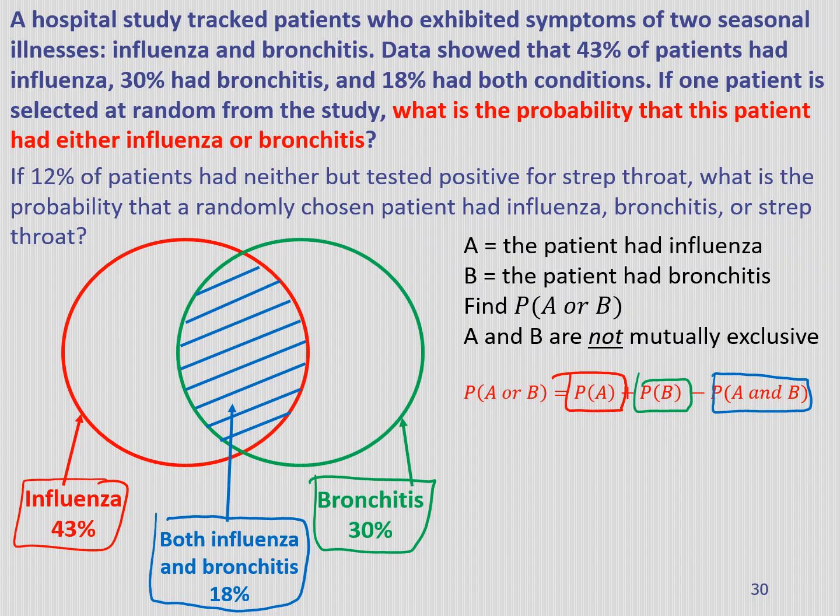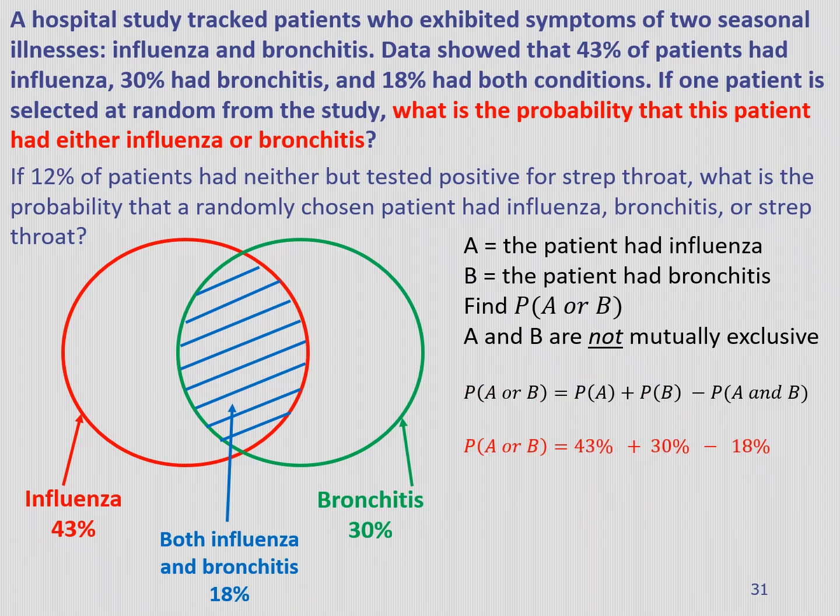I'm hoping the color coding is making sense. Okay? So that's 43% for P of A plus the 30% for P of B, looking at them separately, and then minus the 18% P of A and B. All right, so it looks like 55% of patients had either influenza or bronchitis or possibly both.